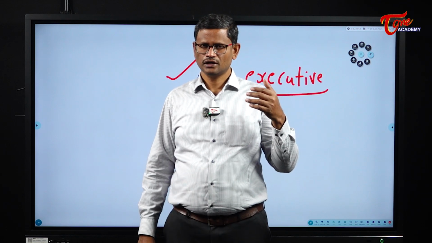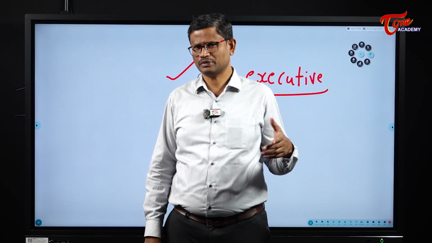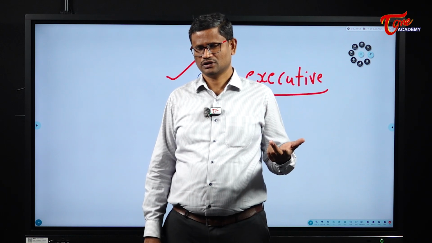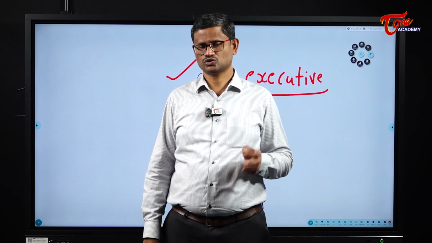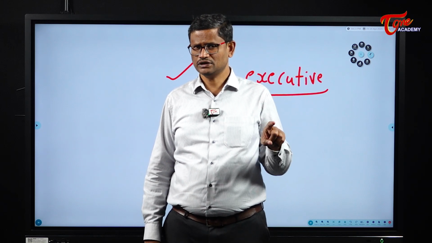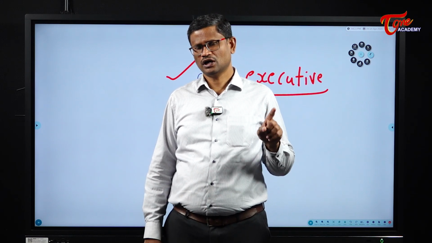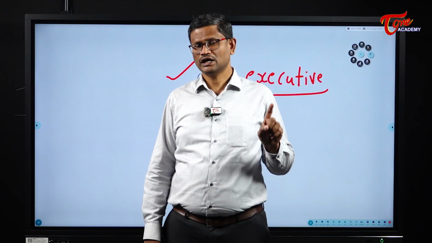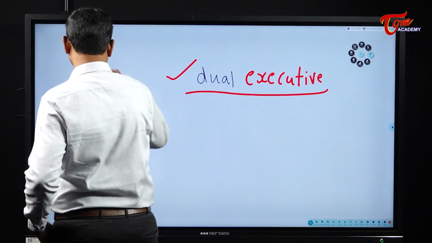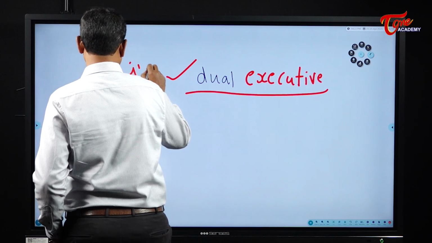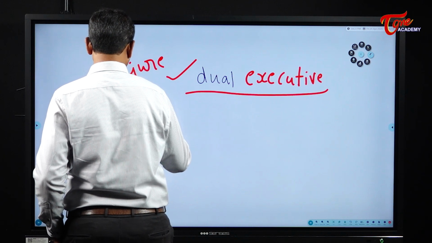In India, the entire administration is carried on in the name of the president, but the president doesn't administer. So the administration is done by the prime minister and the council of ministers. So in India, the president forms the nominal executive. The prime minister and the council of ministers form a real executive. That's why the president is also called de jure authority. The prime minister and council of ministers are called de facto authority.